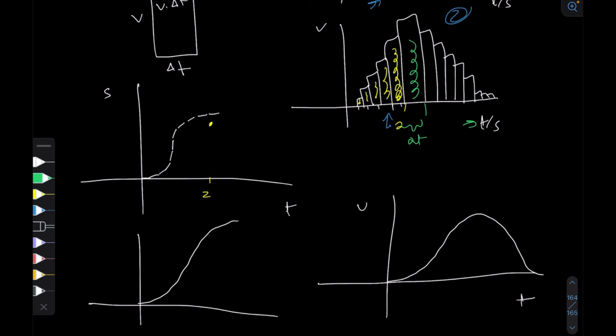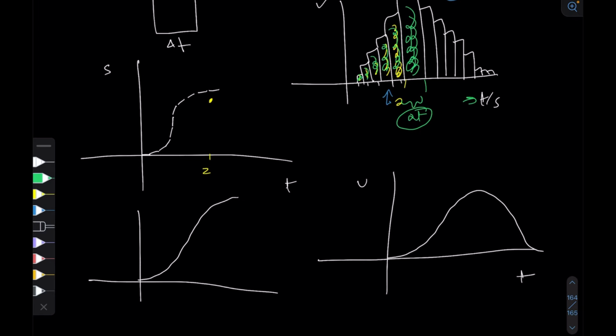As I decrease my change in time, taking finer and finer steps, and take all the areas of the rectangles up to that point, the sum of areas would be the displacement up to that point. And this approximation gets better as my change in x approaches zero.